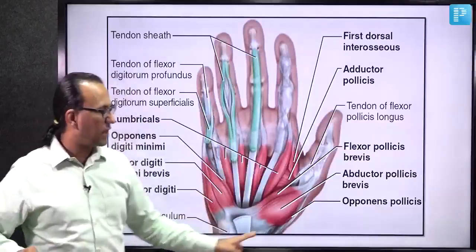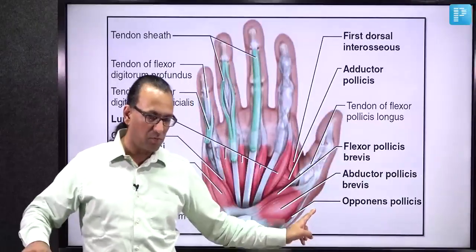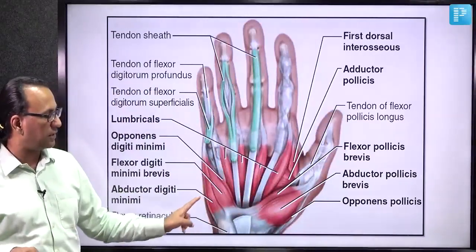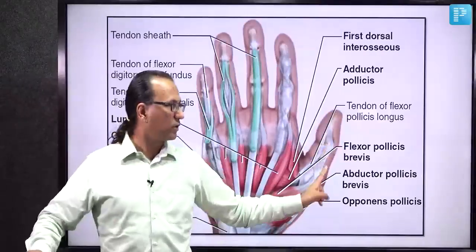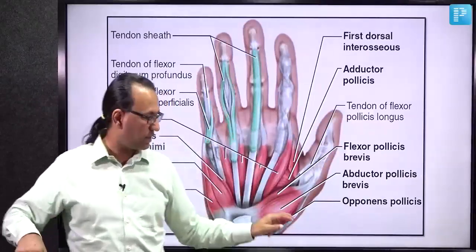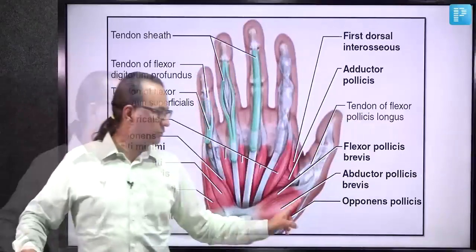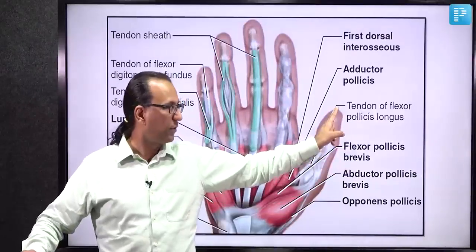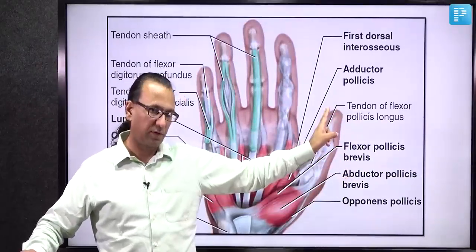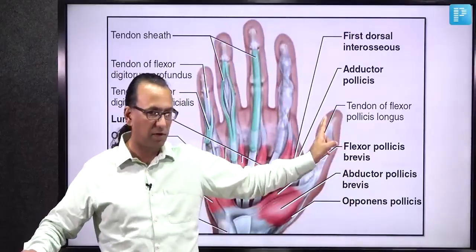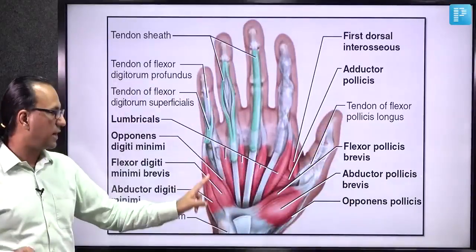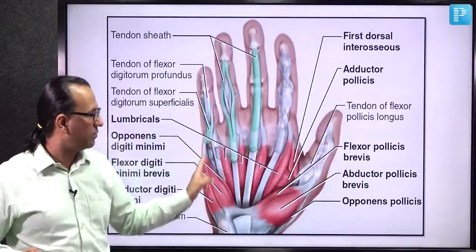You will see that the thenar muscles have almost the same names as the hypothenar muscles. The difference is that thenar muscles work on the thumb, so pollicis muscles, and the hypothenar muscles work on the little finger, so digiti minimi muscles. So the names will be like flexor pollicis, abductor pollicis, and opponens pollicis. Similarly, you have the flexor, abductor, and opponens digiti minimi muscles there.